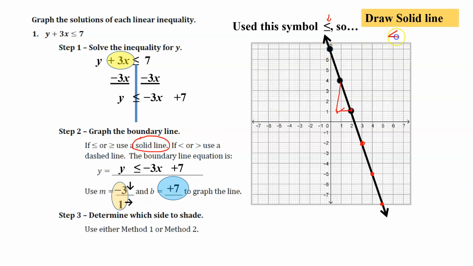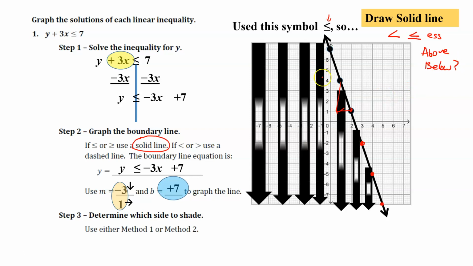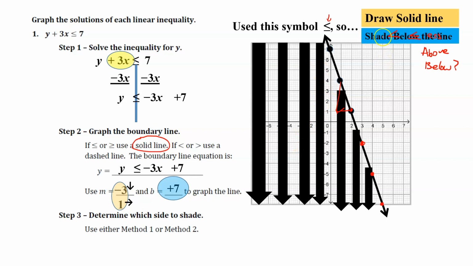Remember, if it looks like a less than, or even has a less than or equal to, it kind of looks like an L, which kind of looks like less. So when you think less, do you think shading above or below? Below. All right. A little too late, but yes, we are going to shade below the line.